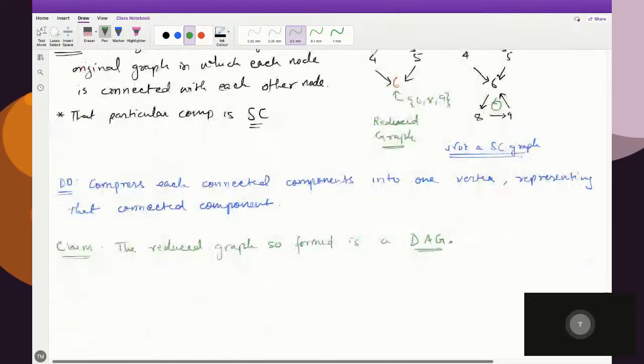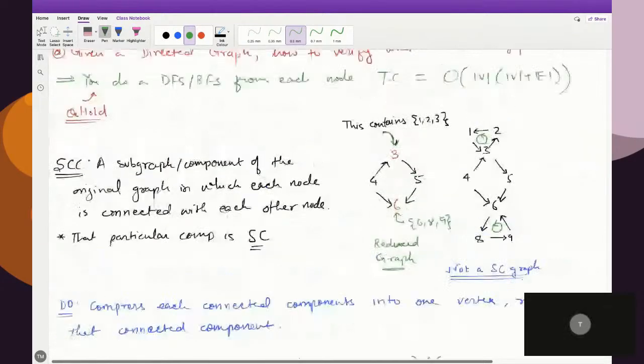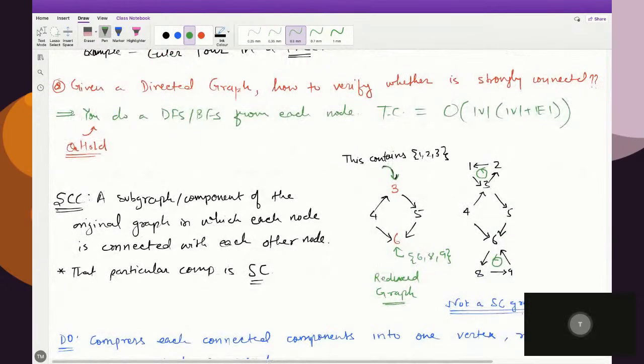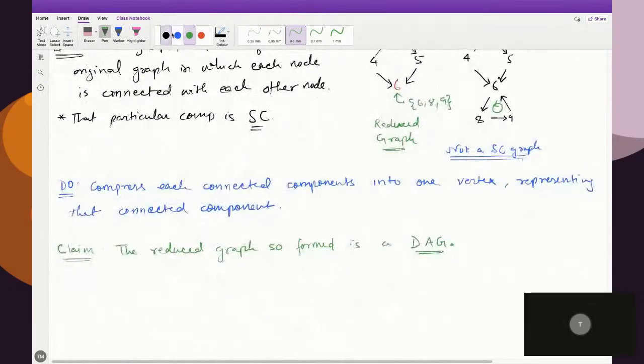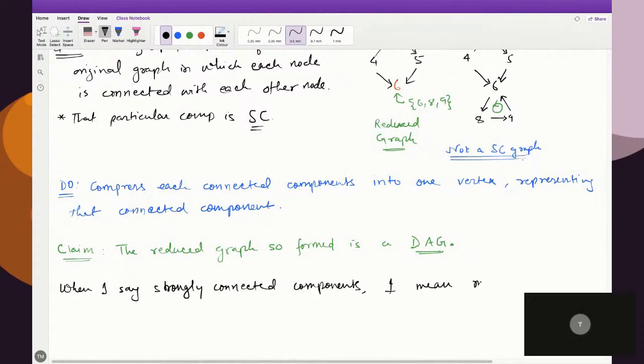Okay. Now, let me also emphasize here that when I'm talking about strongly connected components, they are the maximal strongly connected components.